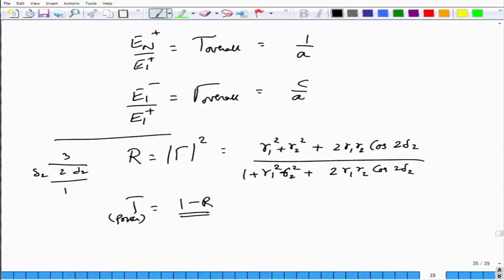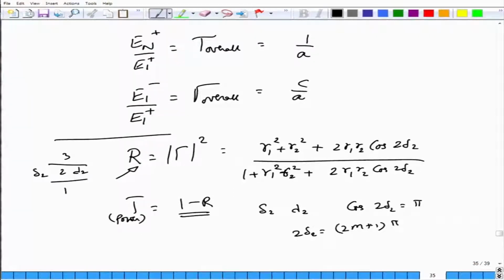Now, let us see this power reflection coefficient, or the reflected power. As we start varying delta 2, by varying the thickness of the film d2, there comes a point when cos 2 delta 2 will be equal to minus 1. This will happen whenever 2 delta 2 is some odd multiple of pi. So, delta 2 can be written as (2m plus 1) into pi by 2.